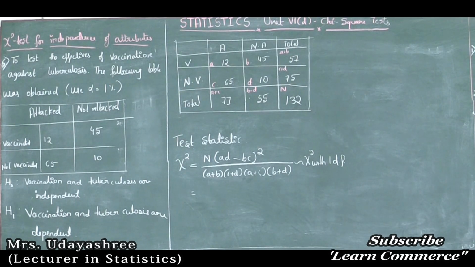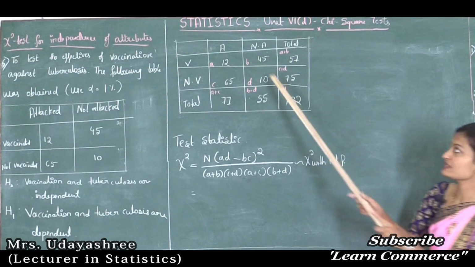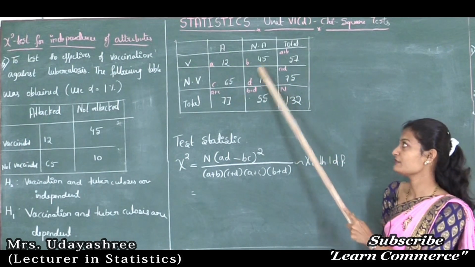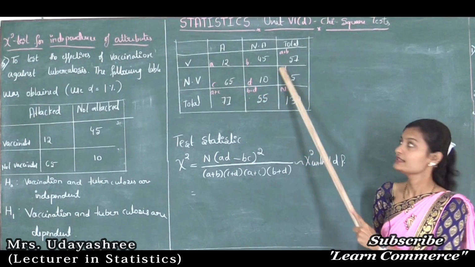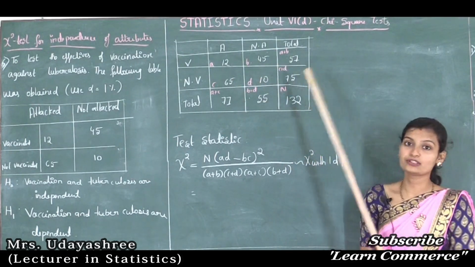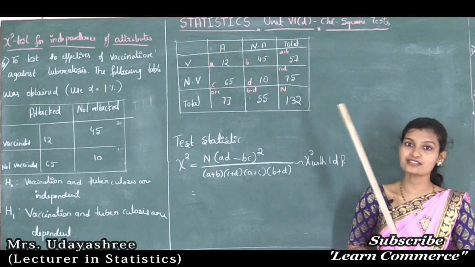The second condition is that the observations should be random or independent. Here the observations are based on vaccination and tuberculosis, which are independent, so the second condition is also satisfied. The third condition is that each of the expected cell frequencies should be 5 or more. These frequencies 12, 45, 65 and 10 are all more than 5, so the third condition is also satisfied.